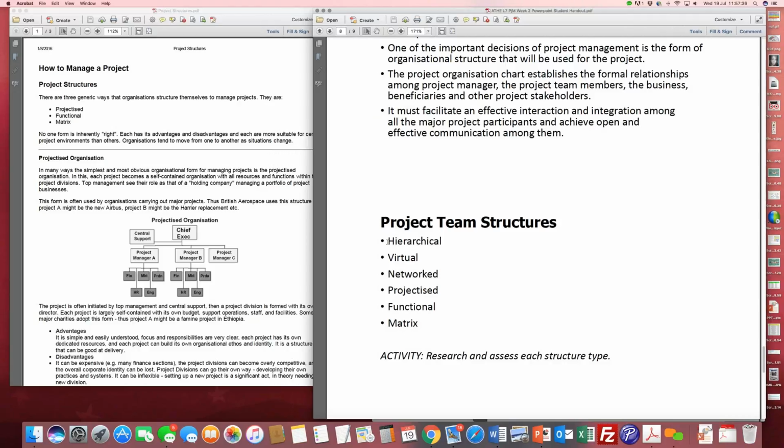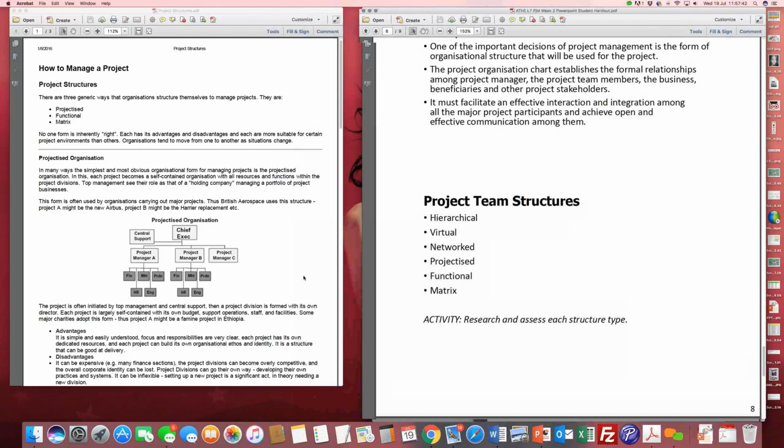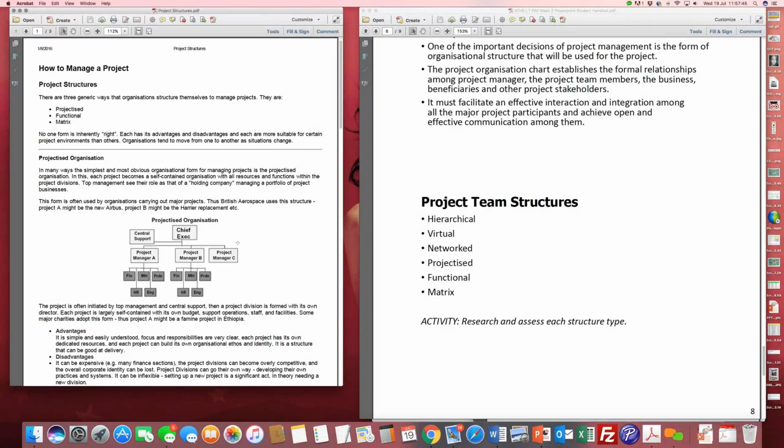Now, just to cover one or two very briefly, I will look at, say, the projectized structure. What does projectized structure mean? Projectized structure means that the organization itself is formed of people who have worked consistently within projects. Sometimes when you go to a consultancy organization to execute a particular task or ask them to give you a particular consultancy, that organization works like a project organization.